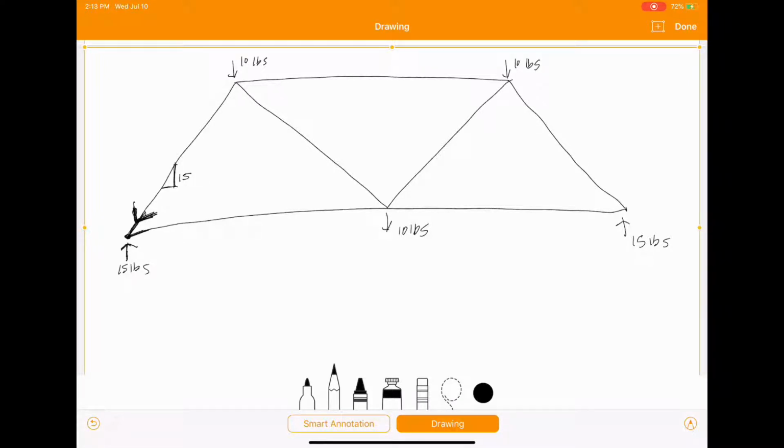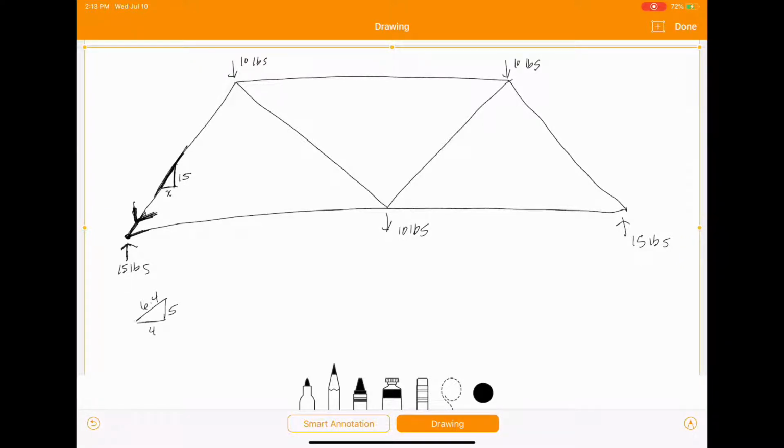So once I have that, I can use similar triangles to figure out this right here. So I know that the slope of this line right here had a triangle associated with it that looked like this, and we figured that out from above.